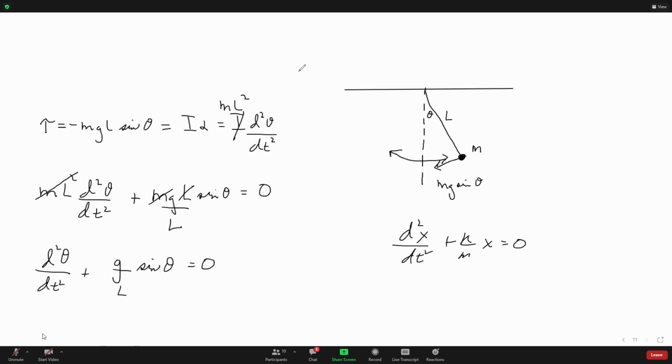The easiest approximation is if theta is small, then sine theta is approximately equal to theta. So provided the amplitude here is small, then we're going to replace sine theta with theta, and I'm going to just do it.